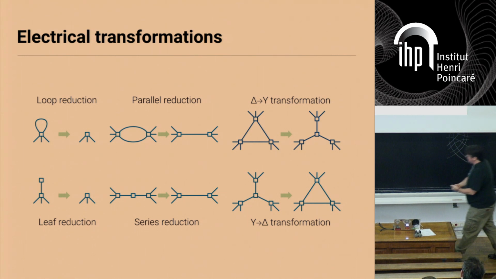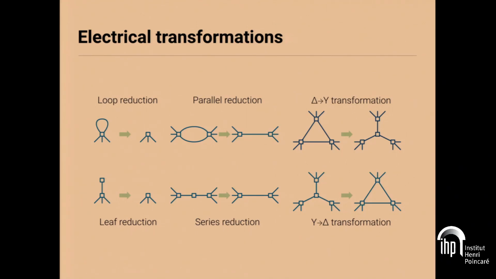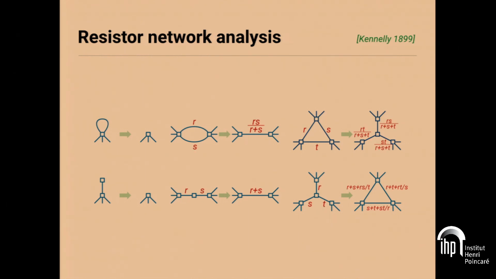And back in the late 1800s, Kennelly showed that the following sequence of graph operations can be used to simplify circuits and retain information about the resistance. So if I have a loop, I know there's no voltage difference between the 2 ends of that loop because they're the same, so I can just throw it out.